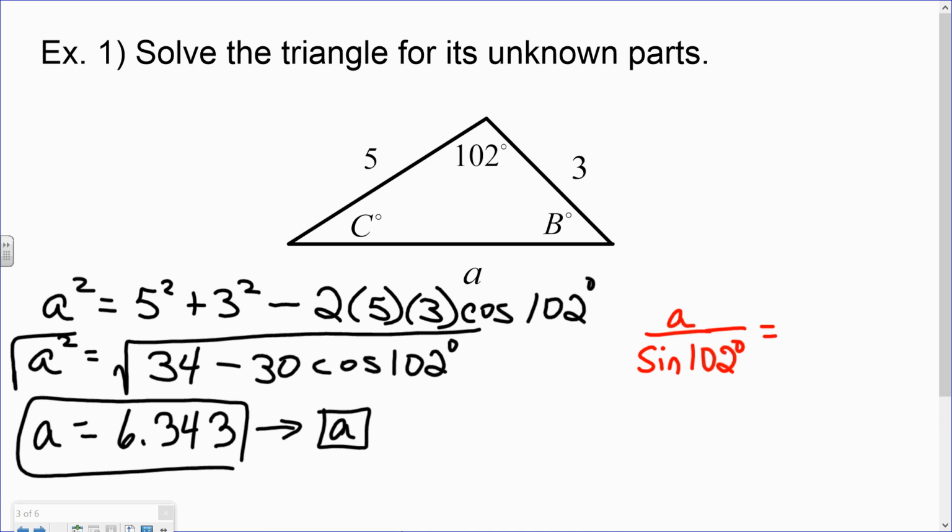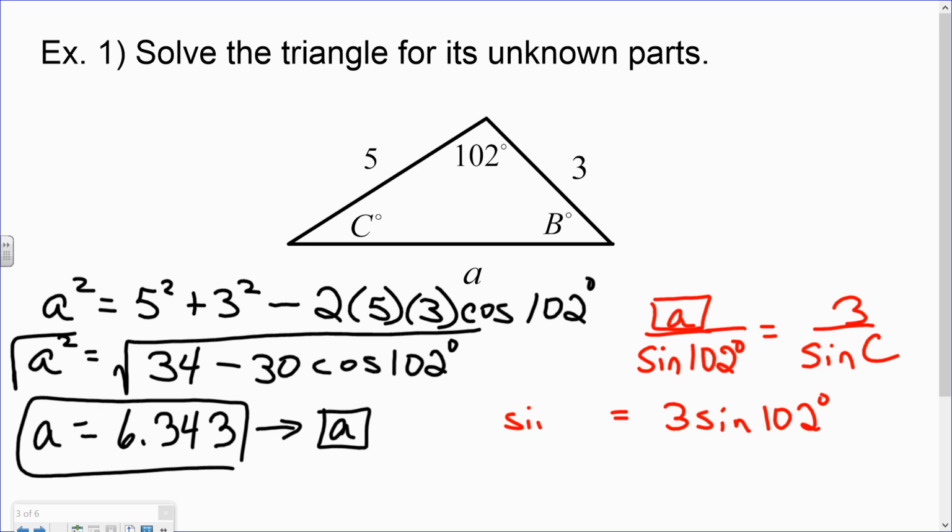I'm going to choose to do the 3 over sine C. But I could have done 5 over sine B at this point. Does not matter. So let's see. A is something that I've stored, so that's a number. C is my only missing one in here. So this means that 3 times the sine of 102 degrees is equal to that A that I've stored times the sine of C. So if I divide both sides by that A that I've stored, I have the sine of C. But I want C. What am I going to have to enter on my calculator to get C?